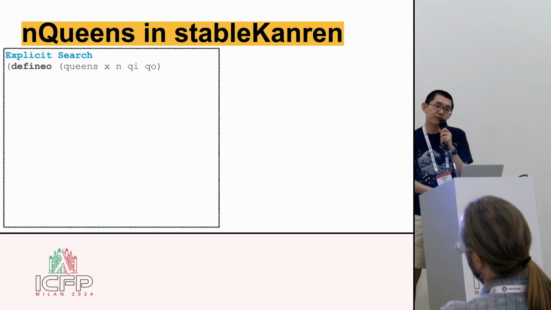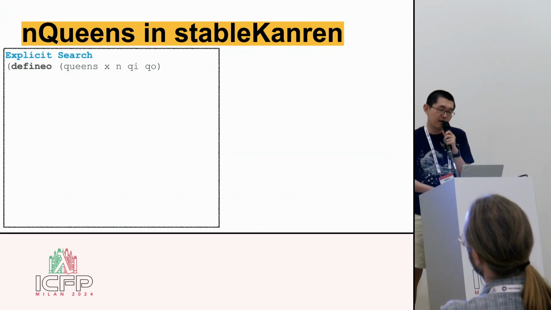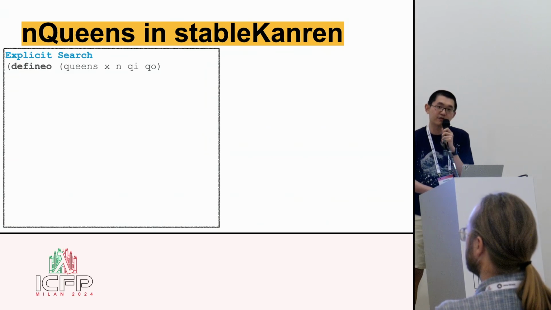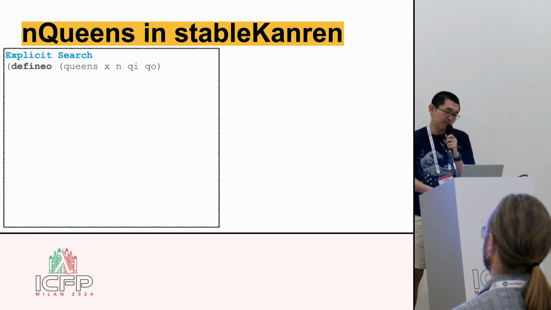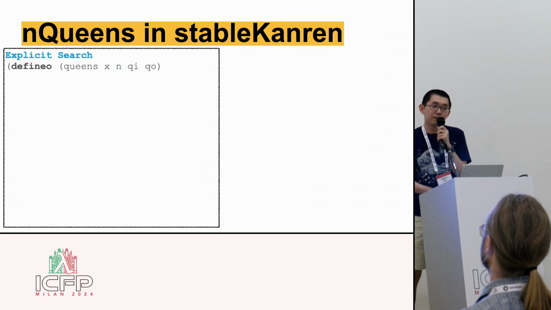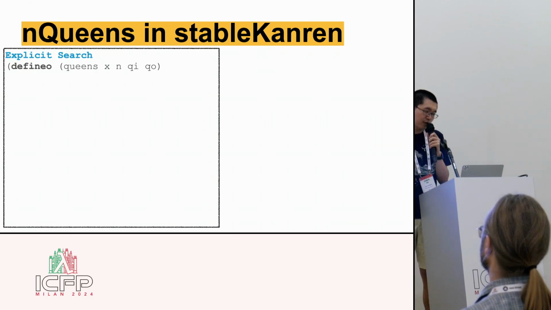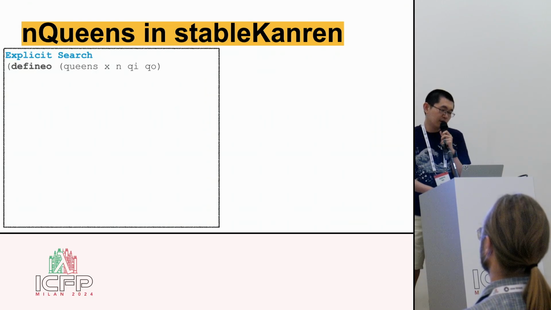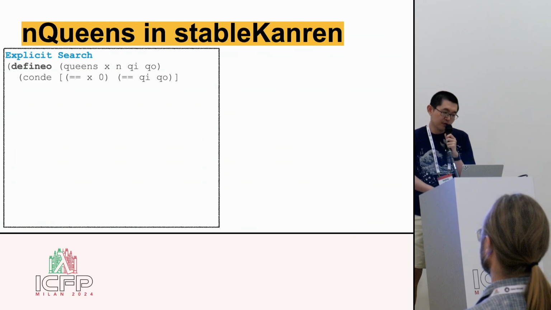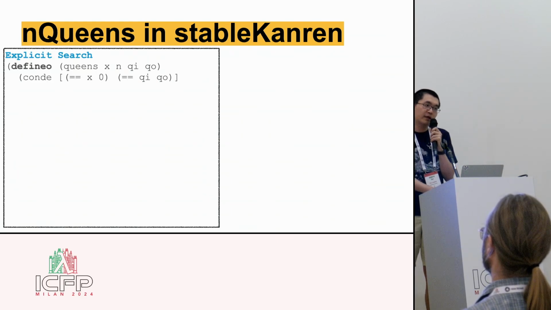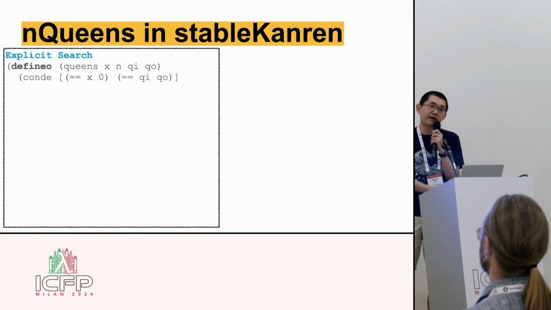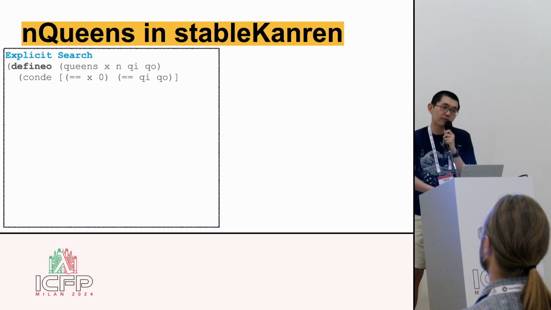The first two parameters, x and n, indicate how many queens we are solving right now. The n is the total number of queens we try to get. Qi is the queens input, an accumulator that starts empty, and Qo is the output. The base case is when x reaches zero, we just unify Qi and Qo, so the accumulated answer is our final answer.